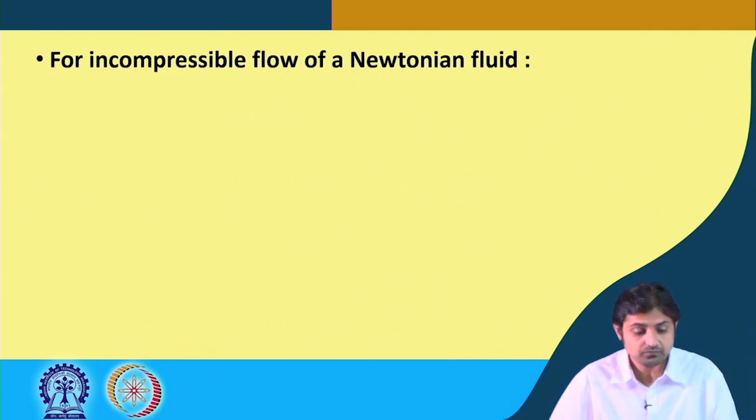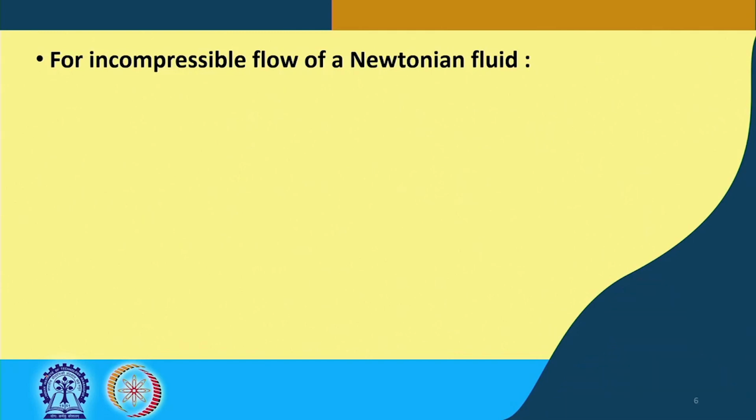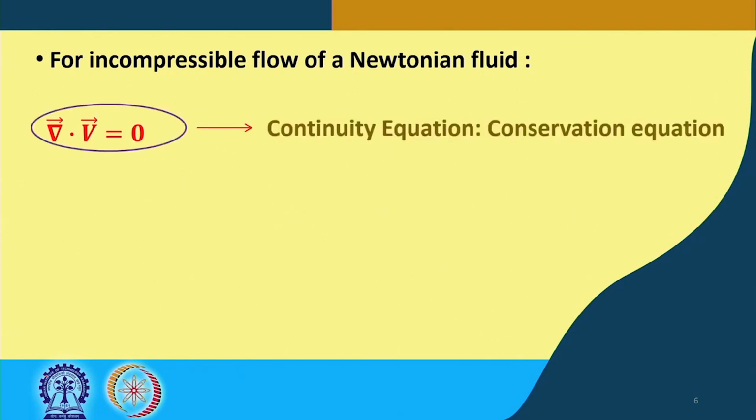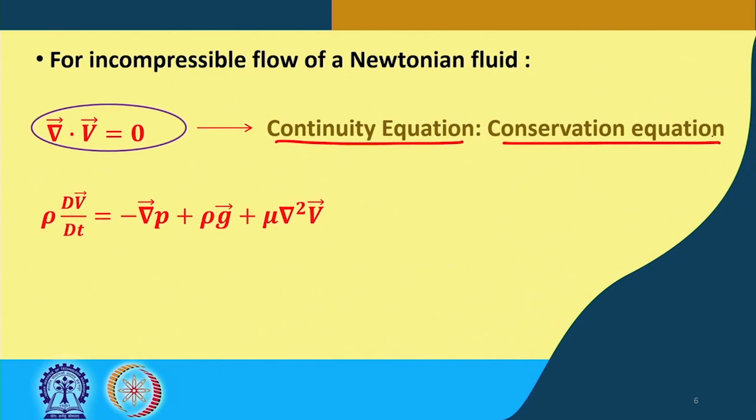All right. So for an incompressible flow of a Newtonian fluid, this is the continuity equation. Del dot V is equal to 0, and this is the continuity equation or the conservation equation. The second equation, if you can remember, what is this?